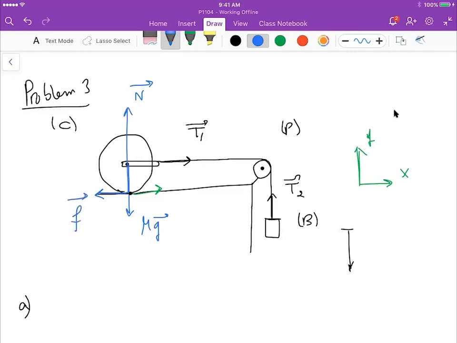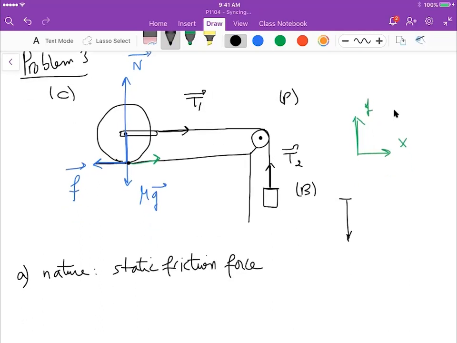And certainly this friction force is going to be a static friction force, because we want the point P to remain at rest, not to move at all. So we are dealing with a static friction force. Let's write that down. First of all, in what concerns the nature of the friction force, we are dealing with a static friction force in this case. That's number one. And in what direction is it oriented?